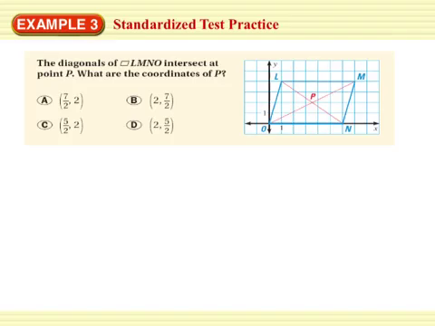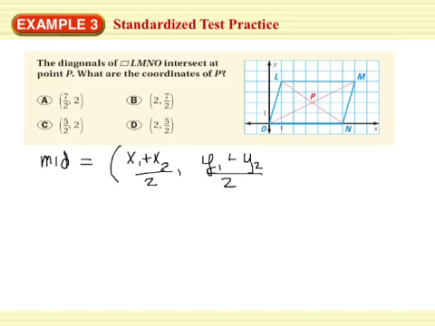So, midpoint, we add the x's and divide by 2, add the y's, and divide by 2. So if I look at LN, the midpoint of LN, I have 1, 1, 1, 2, 3, 4.